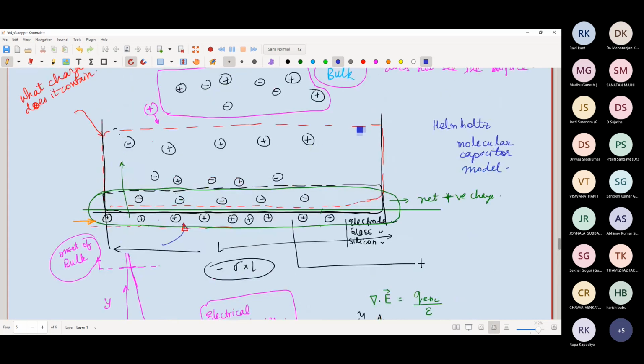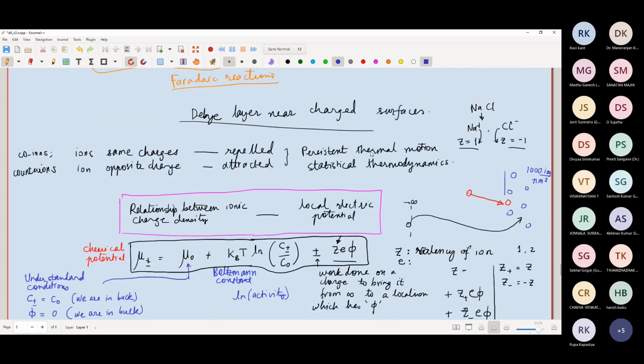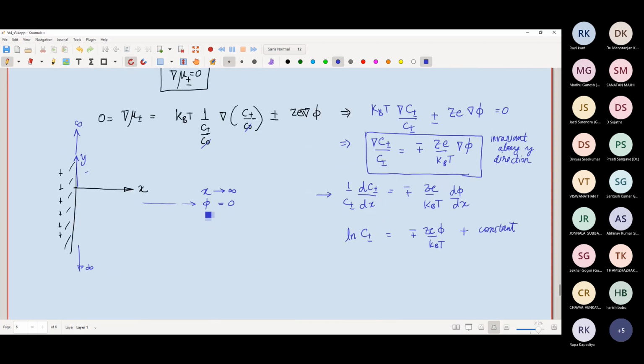Beyond this red control volume, all of the surface charge plus the double layer charges are screened. So we reach the bulk, where the concentration becomes equal to the bulk concentration and the potential also becomes equal to 0. Here x tends to infinity has to be interpreted as a condition far from the wall.